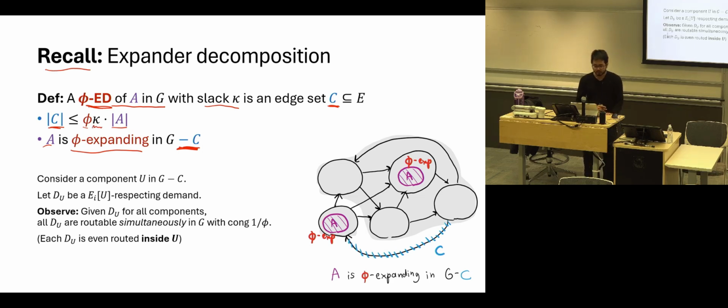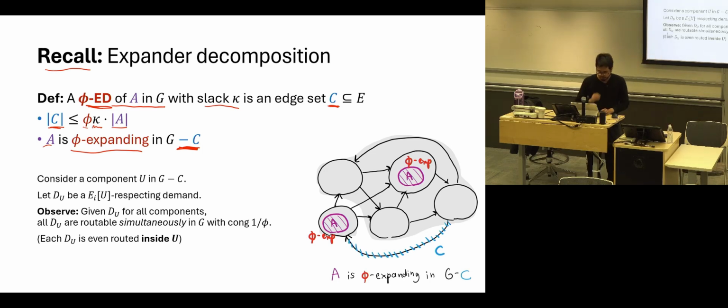We've seen that there exists, for example, expanded decomposition with slack log n. We also have faster algorithms where slack is worse than log n, like log cube or something like that. This is just an old notion, nothing new.